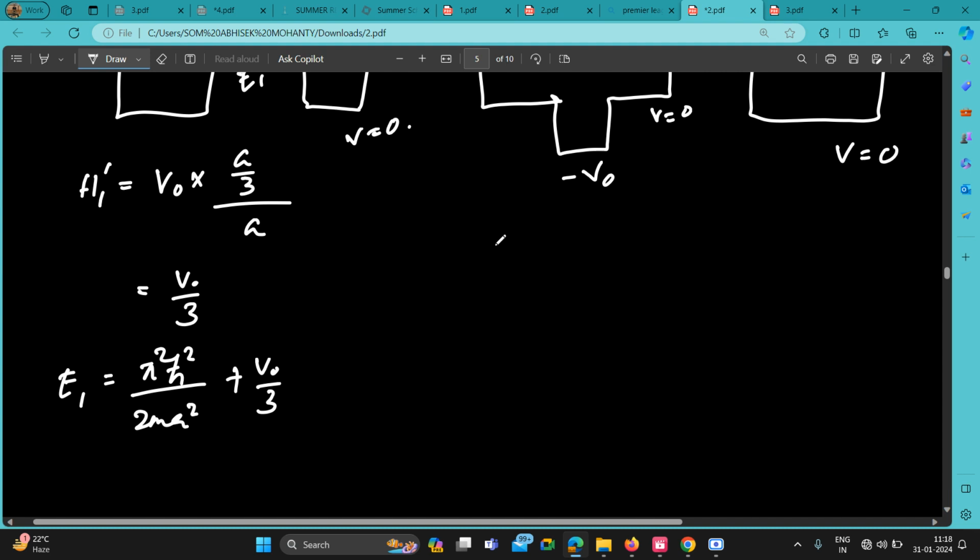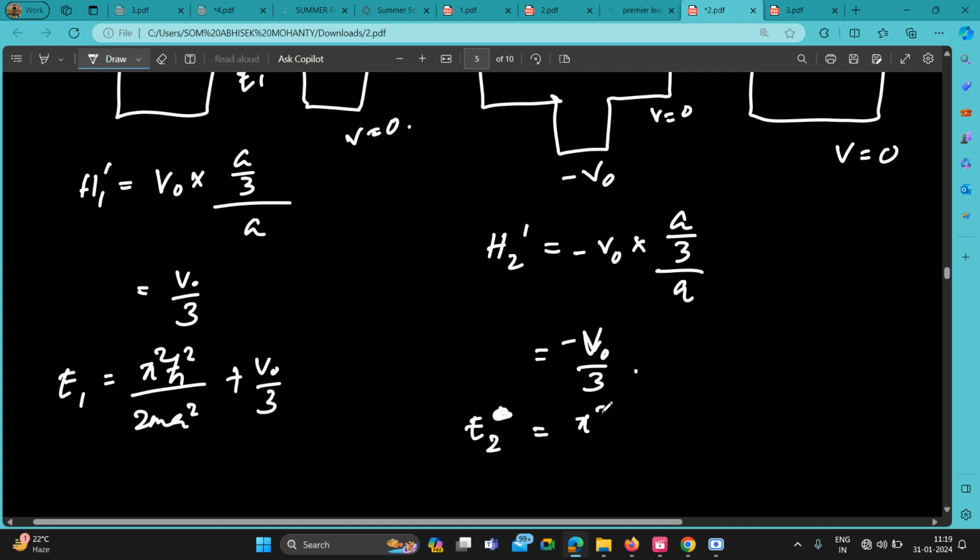Right? Now H2 dash. H2 dash is minus V naught into, again, this is minus V naught because this is downwards. Okay, so minus V naught by 3. So E2 will be pi square h cut square by 2ma square minus V naught by 3, isn't it?